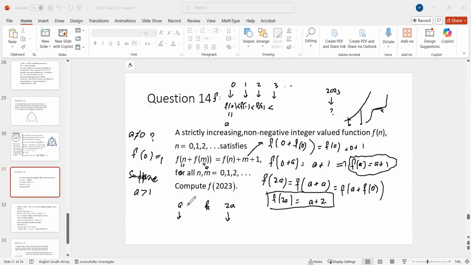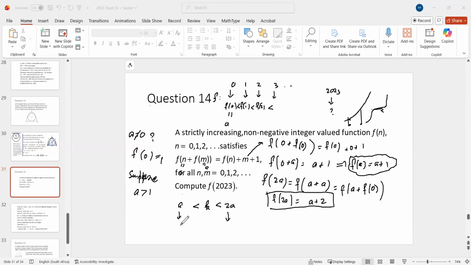See, if a equals 1, it doesn't work. A equals 1, and this will be 2. There's no integer between 1 and 2. But as long as a is greater than 1, there's always another integer strictly between these two. Right? If a is 2, k will be 3, that's in between. And as you make a larger, there'll be lots of k's. So you have an integer k which is strictly between these two.